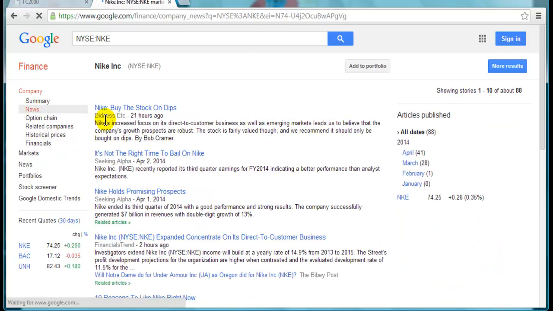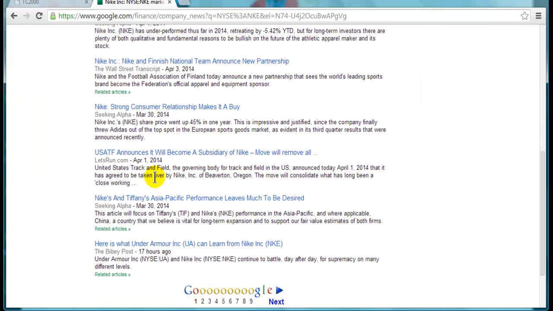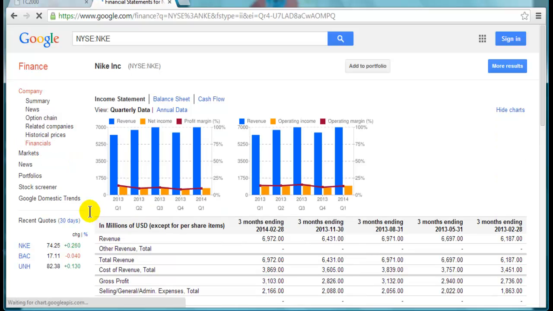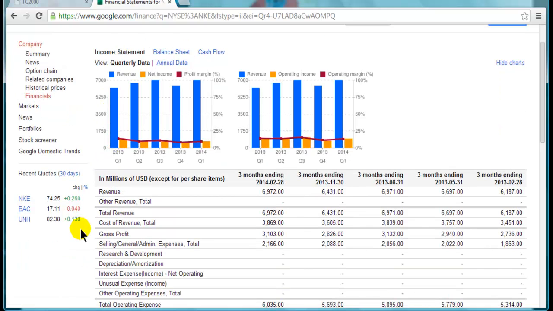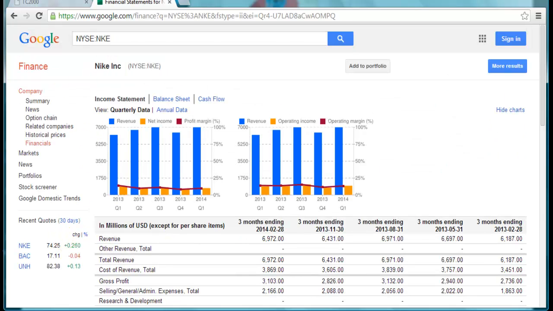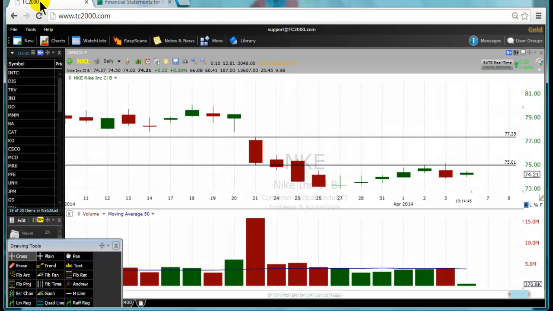Click on news, and Nike buy the stock on dips. Read about Nike and the other stocks that are in the same sector, the competitors, and you can check also the financials. This is the income statement, the balance sheet. They are here on Google Finance. You see now?